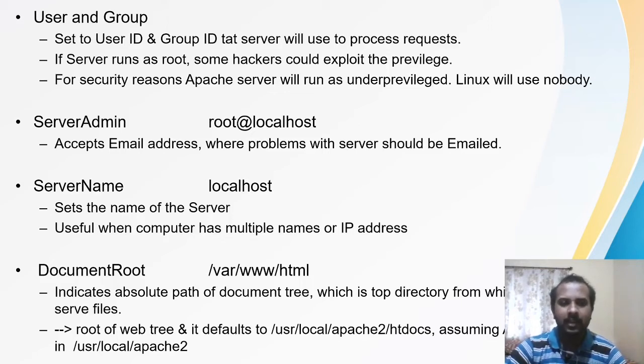If you are running as root and the hackers get into your system, then they can take every permission and exploit the system. For security reasons, we will not run the server as root, but as an underprivileged user. In Linux, we will be using the user called nobody.